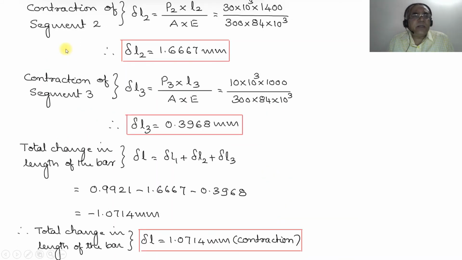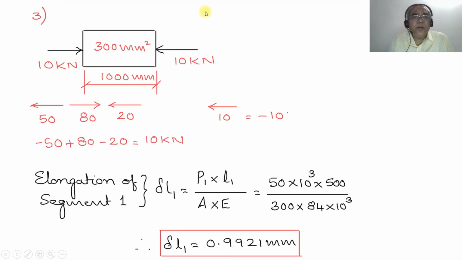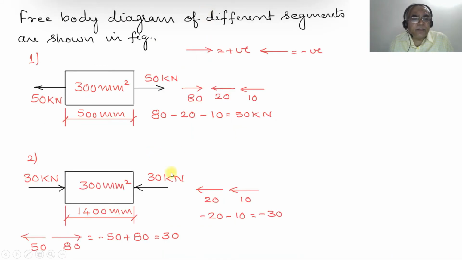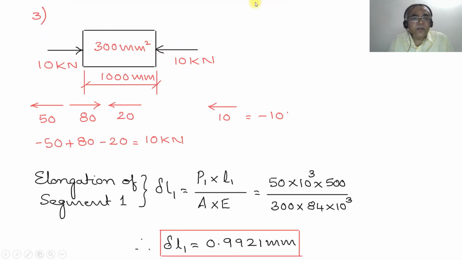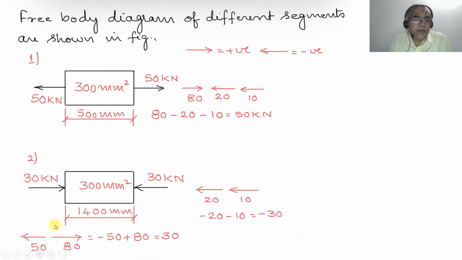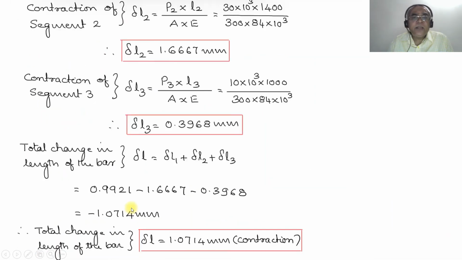Now we go for the second segment. Since it is a compressive force, the contraction of segment 2, delta L2, is equal to P2 into L2 by A into E. The second segment load is compressive, 30 into 10 to the power of 3, into L, the length of the segment, which is 1400 mm, by A, which is 300 mm squared for a bar of uniform cross section, into 84 into 10 to the power of 3.